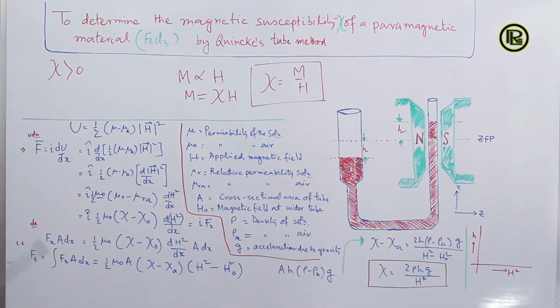Therefore, the energy density of the system becomes U is equal to half (mu minus mu_A) times the magnitude of the magnetic field squared.